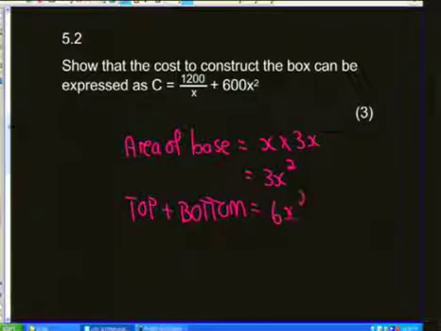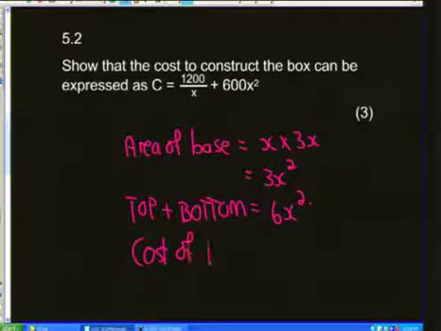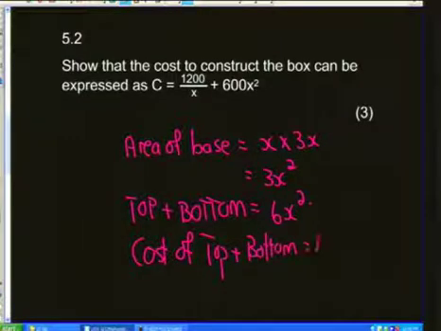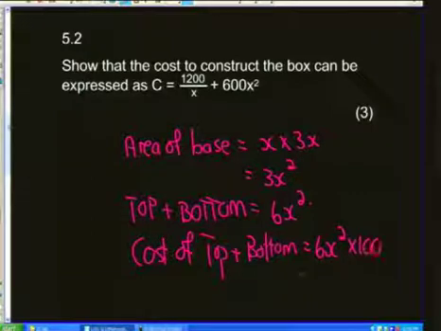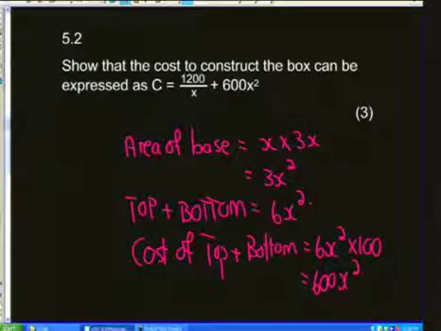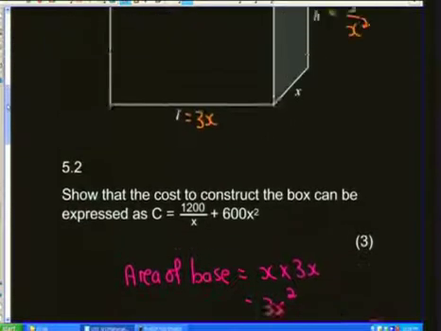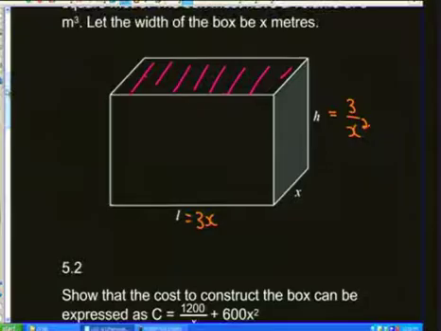Would give me that. And therefore, the cost of the top and bottom is going to be 6x squared times 100. So it's going to be 600x squared.